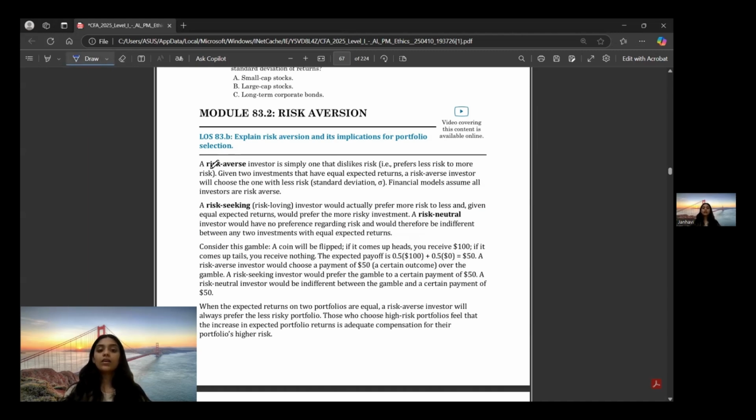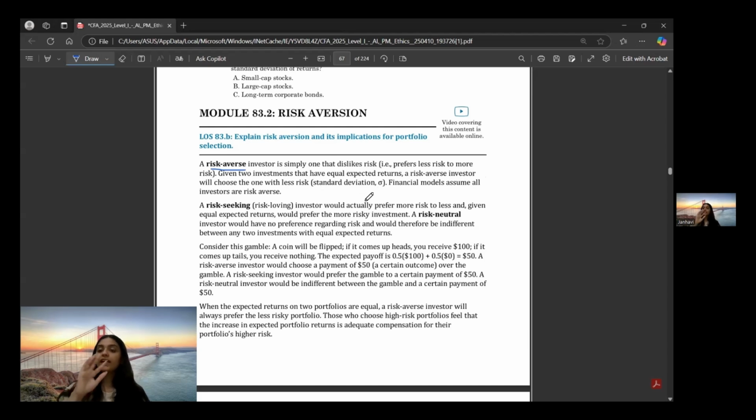So a risk averse investor is an investor who technically doesn't like taking risk at all. He prefers less risky assets over more risky assets. If given two investments that have equal expected returns, a risk averse investor will choose the one with less risk.